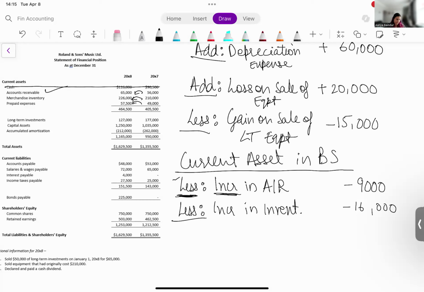Prepaid expenses are also increasing by 8,500. So again, let's subtract. And the amount is 8,500. Now, if there are any assets that decreased, we would be adding that back in. But in this particular question, that's not the case.